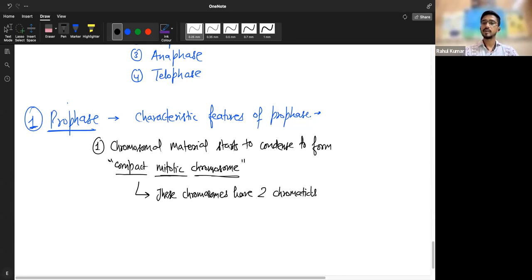In the bracket, you can just write down sister chromatids attached together at the centromere that splits.